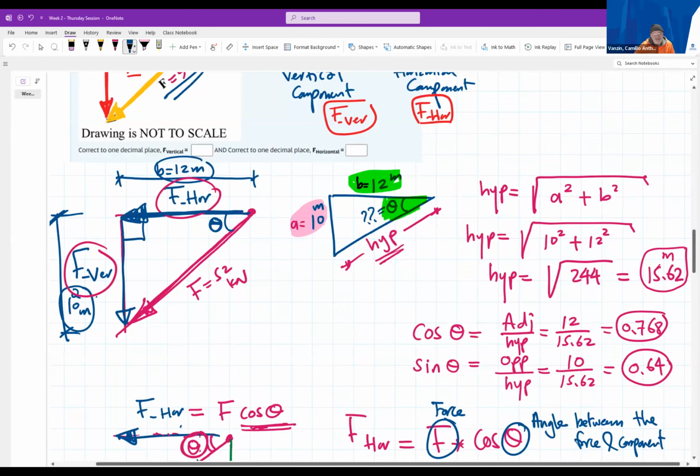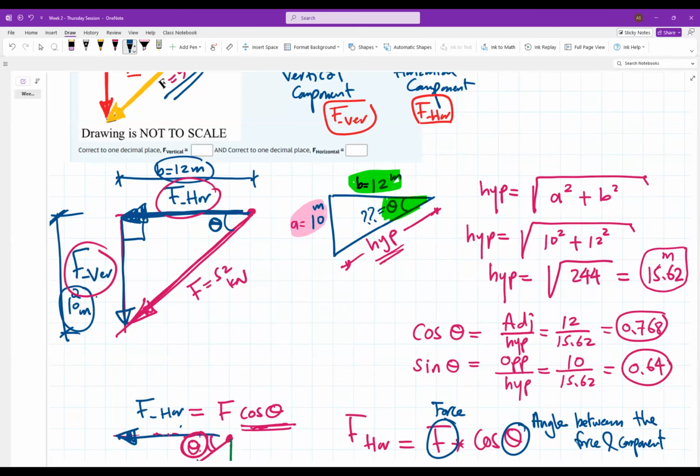So which one is the adjacent? The adjacent to the angle theta is always the horizontal. No matter what direction it's going, whether left or right, it's always adjacent. And the vertical, whether up or down, is always the opposite. The direction is not important in this.